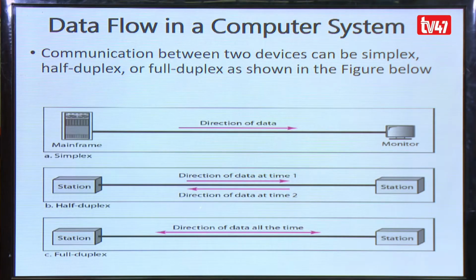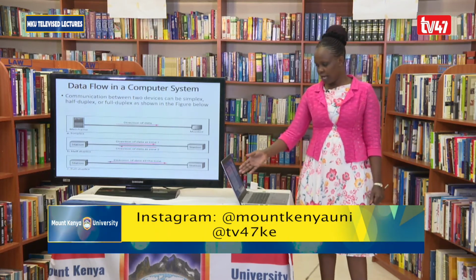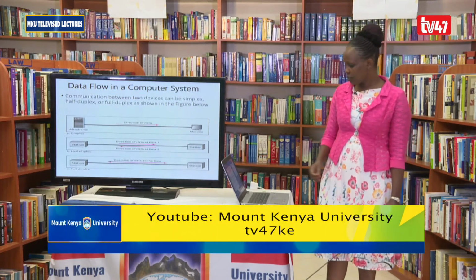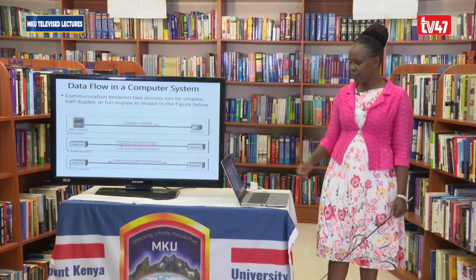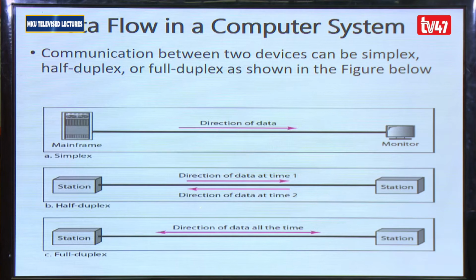So now that we have seen key terms that we'll be encountering as we talk about computer networks, let's see the data flow in a computer system. Because we are talking about interconnection of two or more computers for purposes of sharing resources, let's look at data flow in a computer system. Communication between two devices can be simplex, or half duplex, or full duplex.